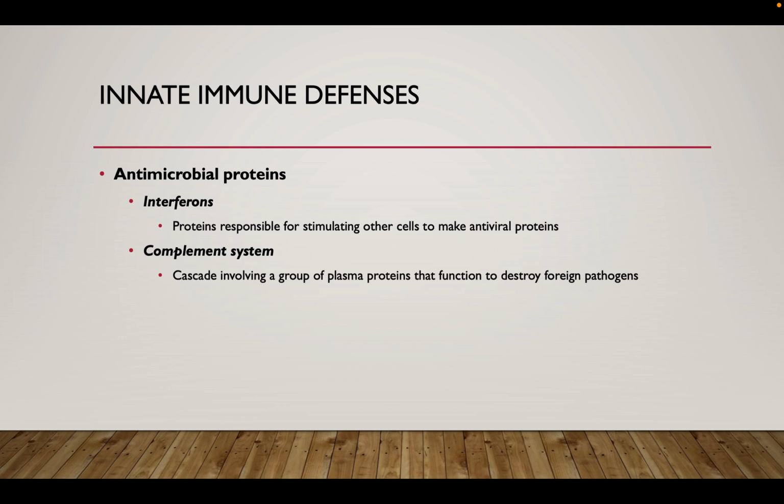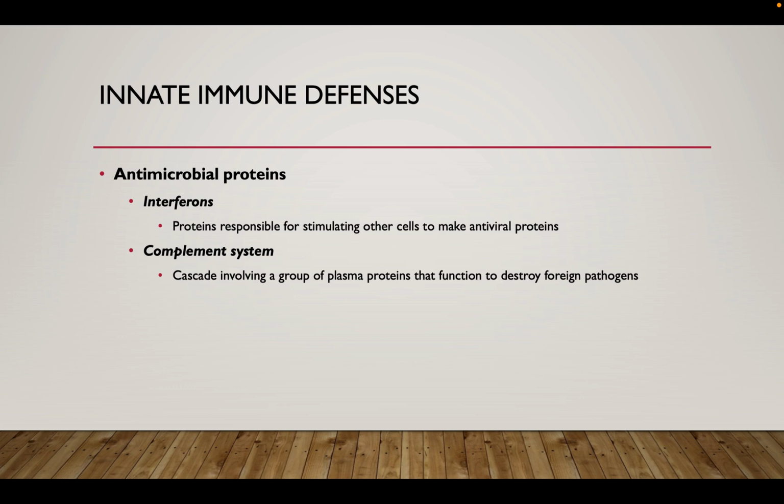So it's essentially we're sacrificing one cell. It sends out these interferons that stimulate the cells surrounding them to create lots and lots of these antiviral proteins to prevent that same virus from entering it and multiplying and resulting in the same effect.